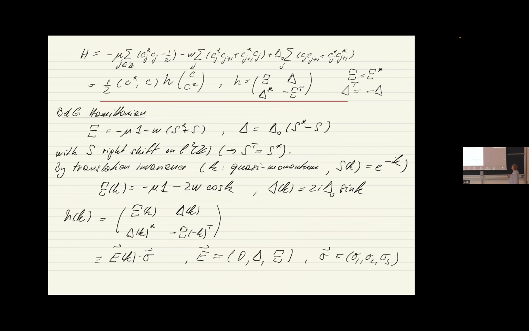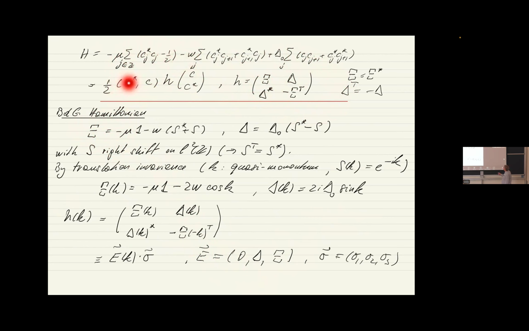Now, what is the BdG? I'm heading to computing the bulk spectrum, just to make sure it has the gap a topological insulator wants to have. So what's the BdG Hamiltonian? The general formalism is here, and the Hamiltonian is up there.